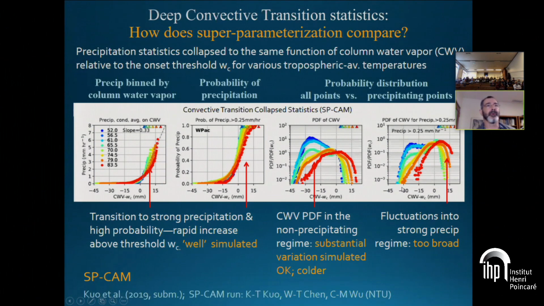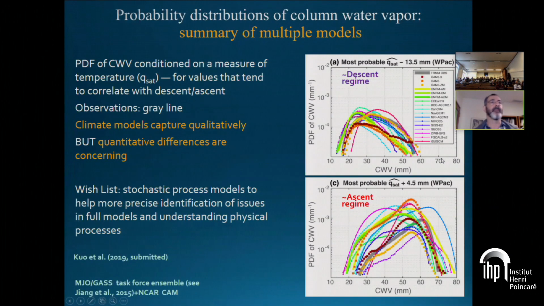In other words, you're running a cloud resolving model under every grid cell of the climate model. And again, you've got qualitatively the correct behavior, the pickup, but you tend to have rather broad PDFs of the precipitating points. So it was not a magic bullet in and of itself to use the super parameterization.